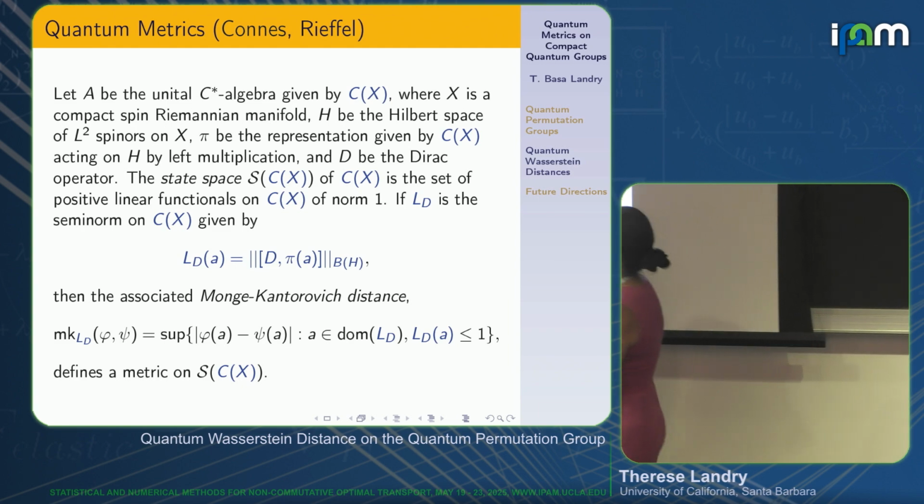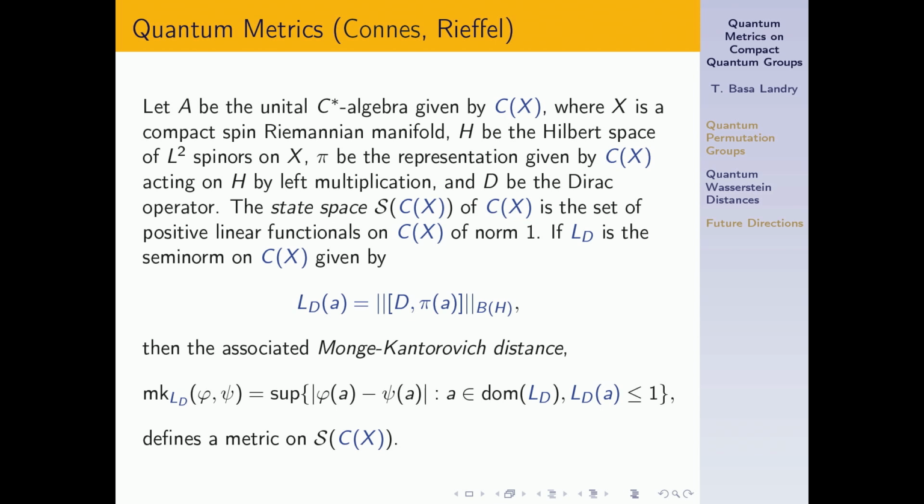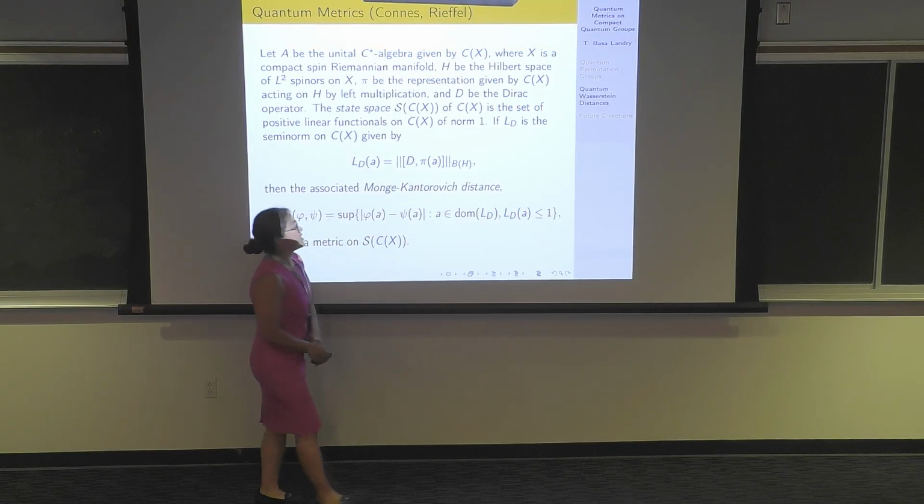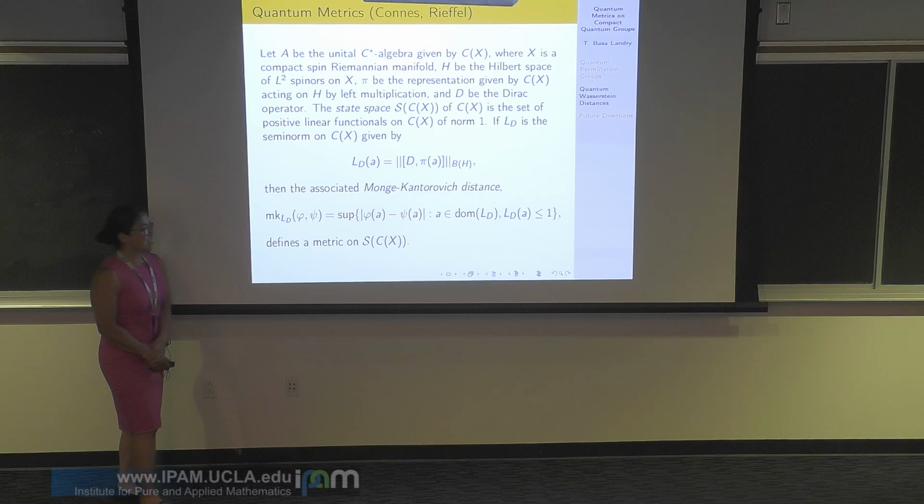Then he had shown that the geodesic distance could be recovered by, so you can see this is exactly the same metric, except in place of a more general semi-norm, we have the semi-norm coming from commutators with the Dirac operator, the norm on the commutator with the Dirac operator.